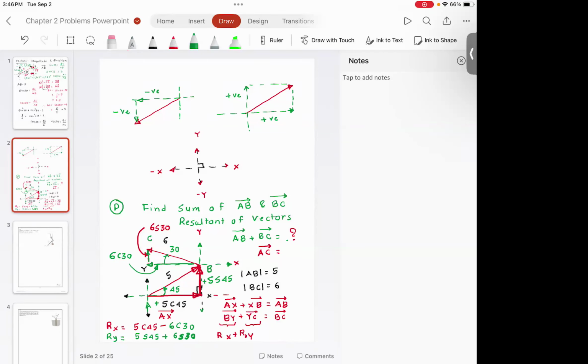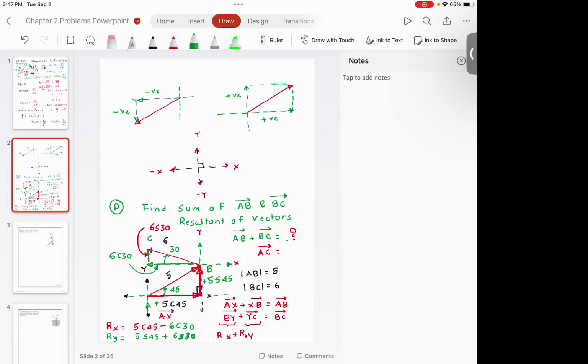Please note, you cannot add these. Why can't you add these? Because these are the magnitudes of Rx and Ry. These are not vectors. These are the magnitudes of Rx and Ry. You agree with me?